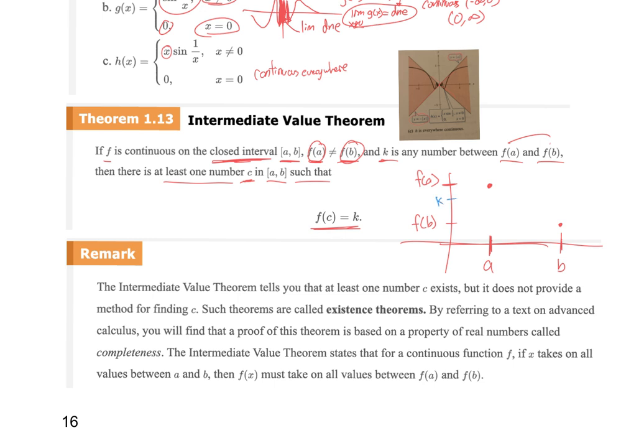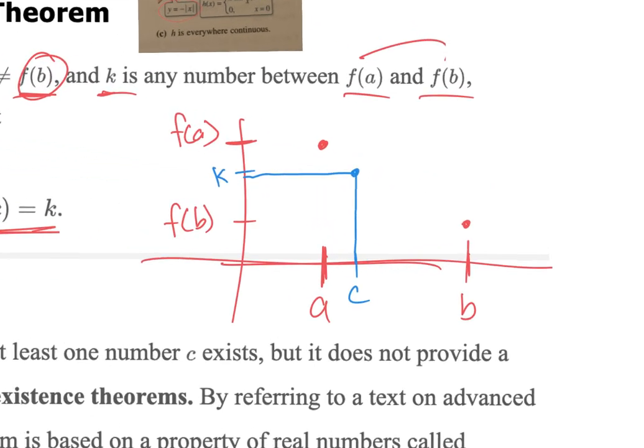Then there is at least one number c in the interval. So that means there needs to be some number c here. Now it might appear anywhere. We don't know where it is, but we know that it exists somewhere such that c is paired with k. Now let me just draw a few examples.